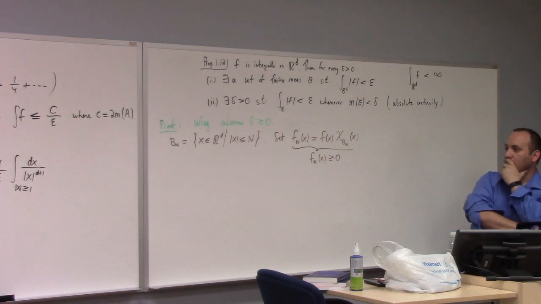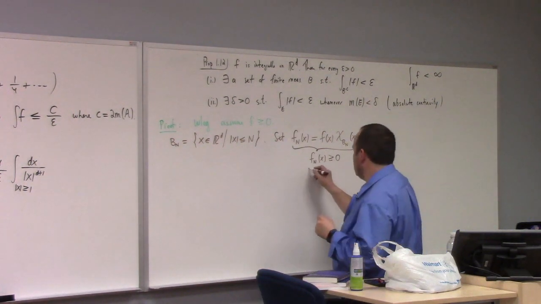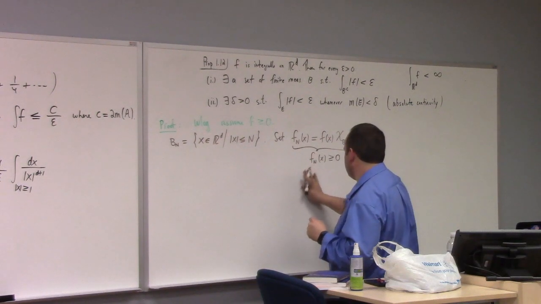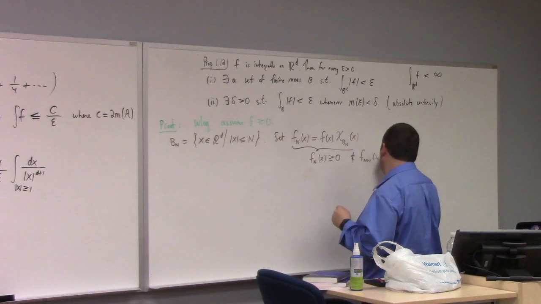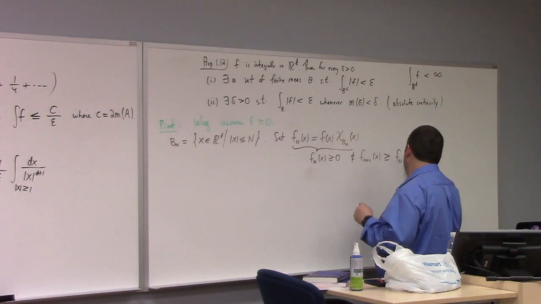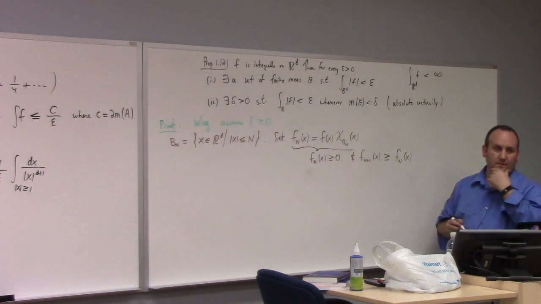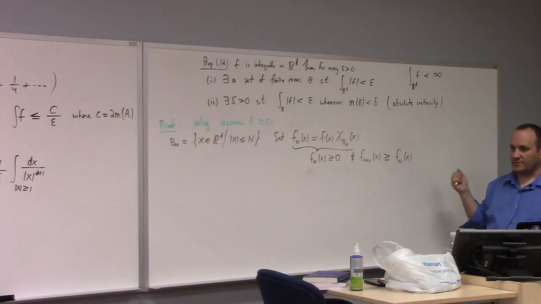Oh, I see. So he says, if you think about this, fn plus 1 of x is greater than or equal to fn of x. The reason for that is they're literally equal all the way out to radius n.